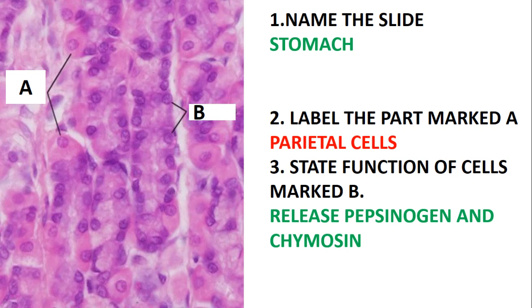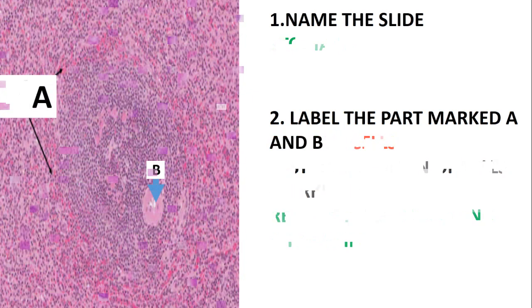So B are the chief cells, and then A are just the parietal cells. The parietal cells are stained pink as compared to the chief cells, which are normally stained blue or purple.